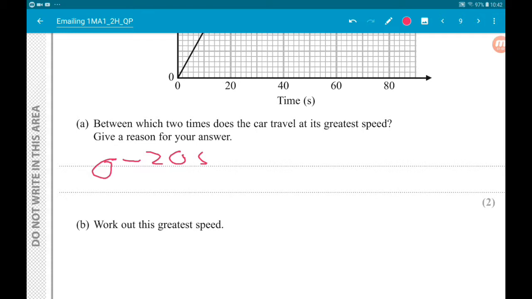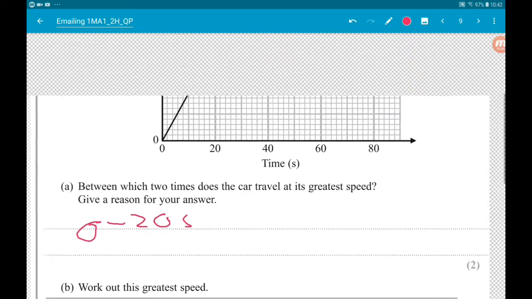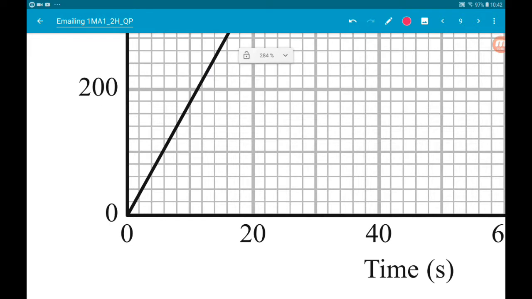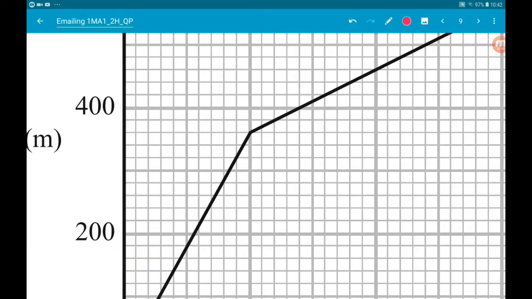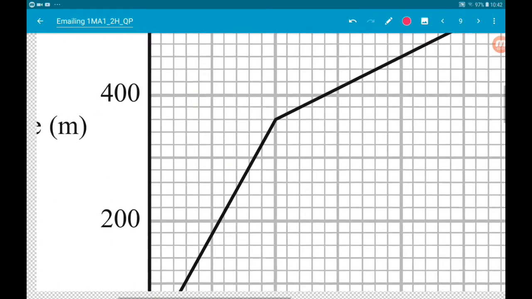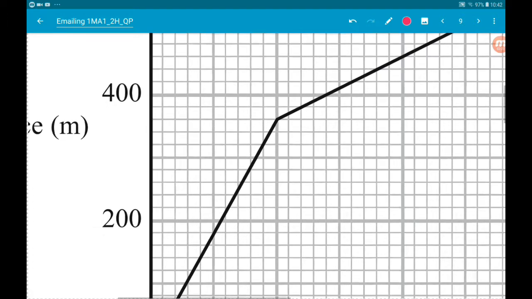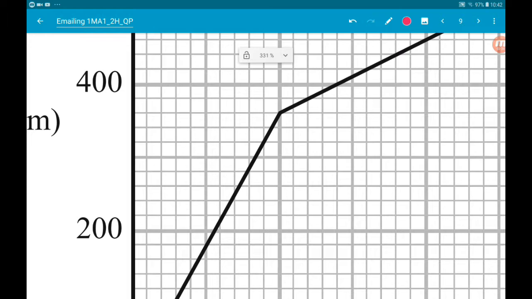So speed is, so at the start we're at 0, 0, and at 20 seconds, well, the scale is such that one big square represents 200 meters, so every little square represents 20 meters.